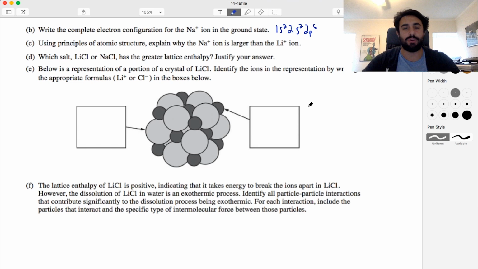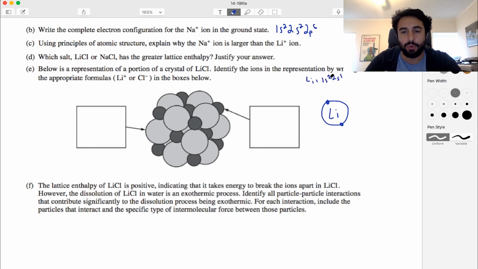So this is very straightforward. It's not really asking anything more than just asking you to go, okay, lithium plus just has that one shell. Lithium is 1s2, 2s1.